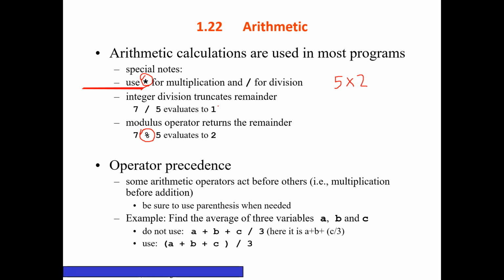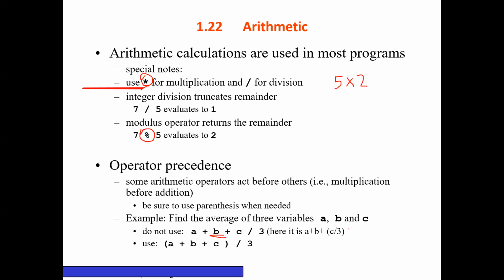For example, suppose you have 3 variables a, b, and c, and you want to find the average of these 3. So the average is the sum of a, b, and c divided by 3. But if you write an expression like this, a plus b plus c divided by 3, then actually this will be happening.